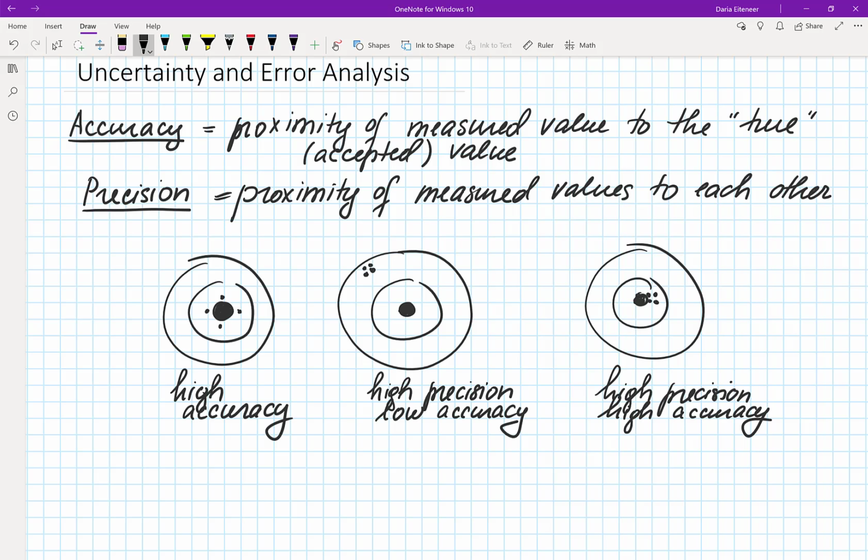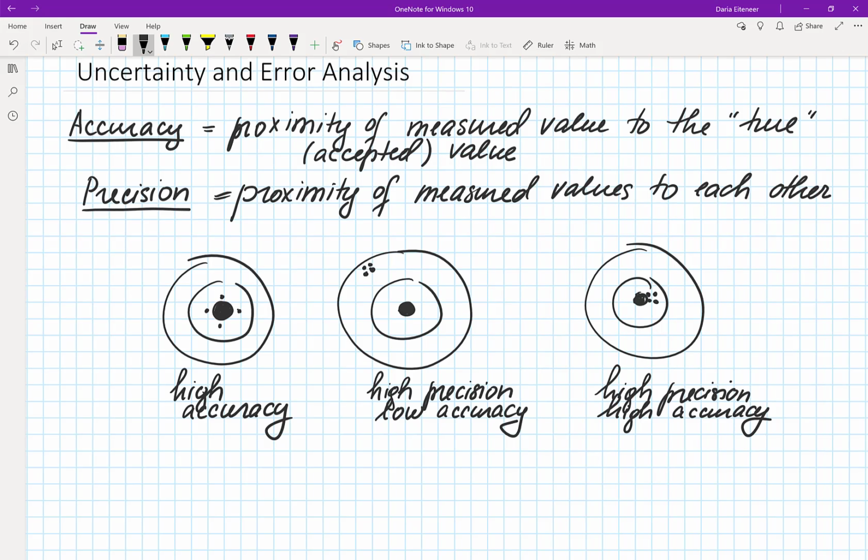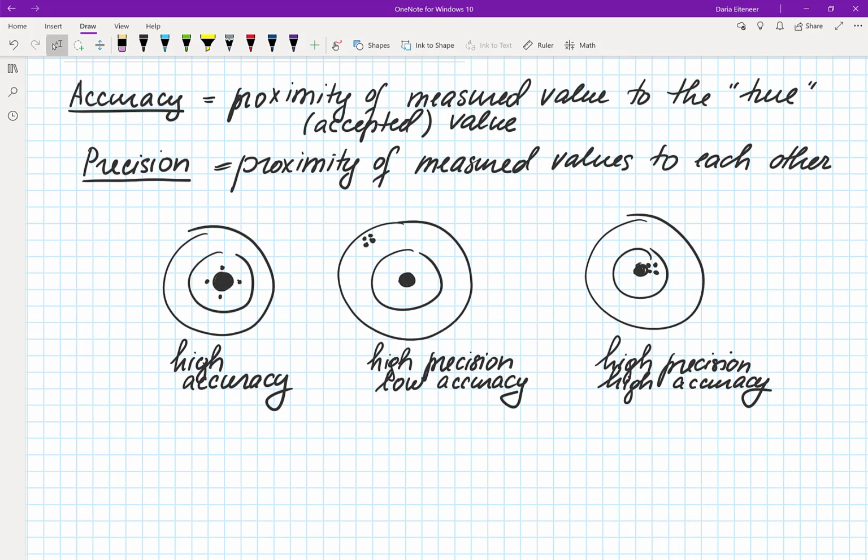Now there are a couple of ways to analyze your results numerically, also in terms of accuracy and precision. And I bet you know those as well, but let me write this down anyway. So accuracy is comparison to the true value. A lot of times we talk about it in terms of percent error.